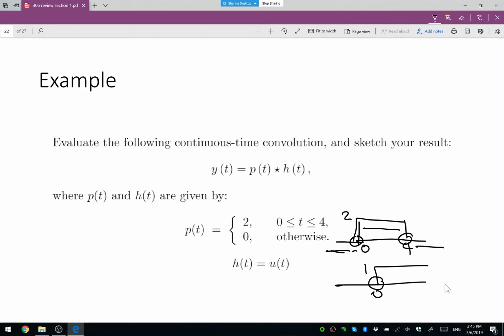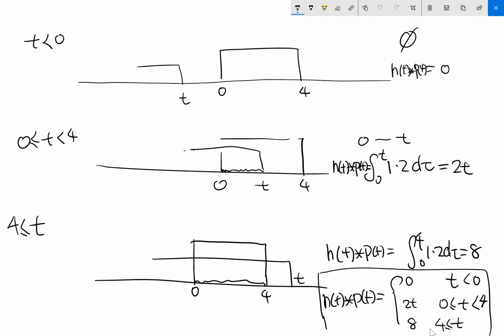How is it the result? Okay, the result. Question, t greater than 4. What does it mean? What do you mean by the meaning?